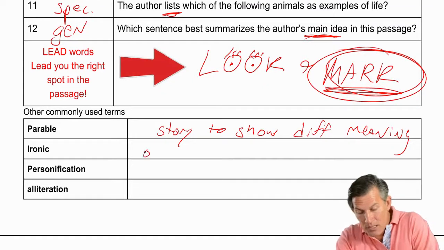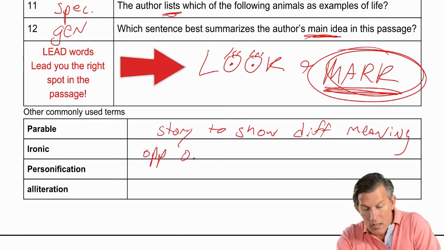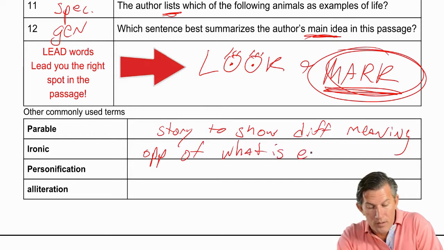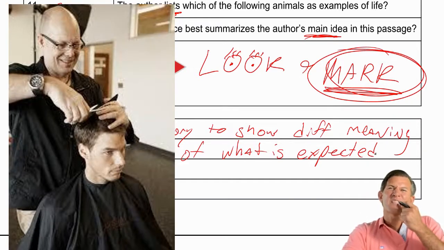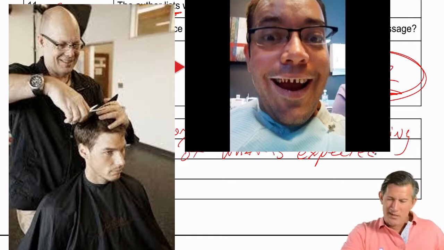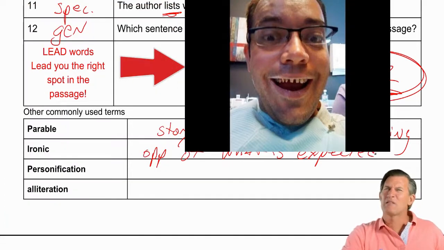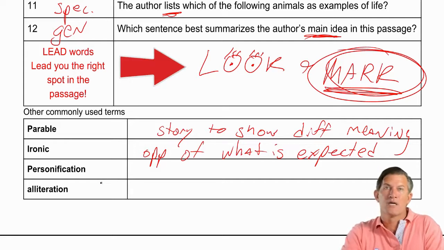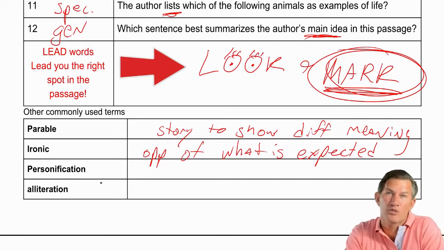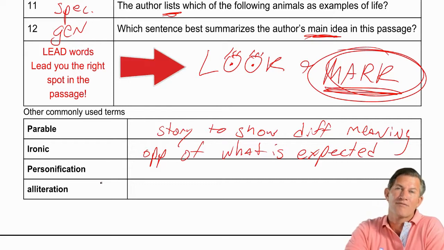Ironic is the opposite of what is expected. Bald barbers or dentists with jacked up teeth. That's like, you're in charge of my teeth and then you don't have good teeth. That's not good. Personification is like the dish ran away with the spoon, or the little dog laughed to see such a sport.